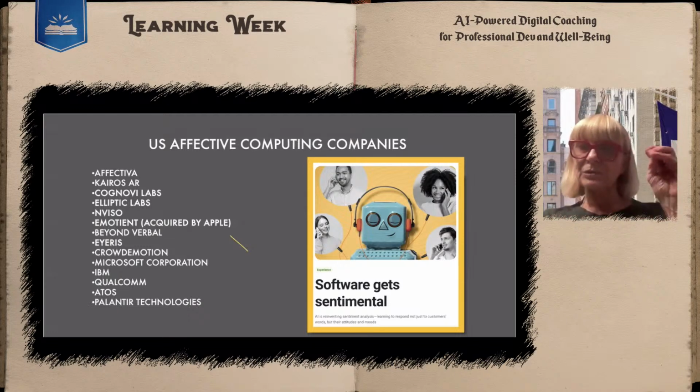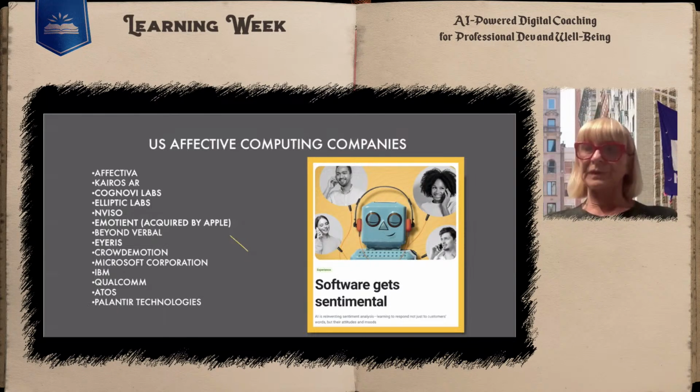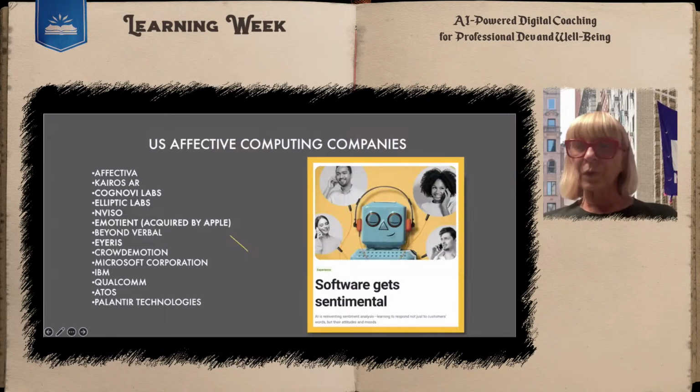And what's really interesting is that the big technology companies like Microsoft, IBM, etc., are acquiring mostly startups that specialize in the recognition and ability to relate to humans at the emotional level. So all of them are beginning to be integrated into the tools that we carry around.